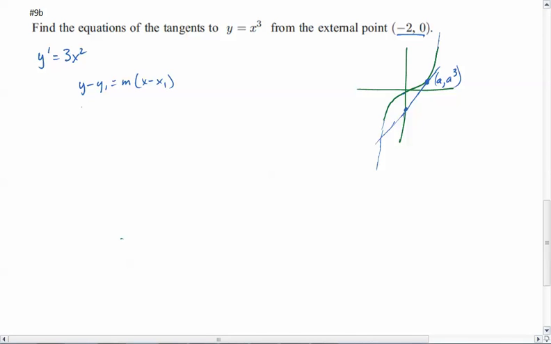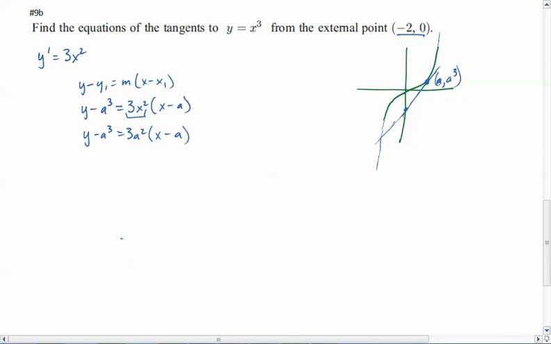So y minus, now the y value is a to the third, equals the slope, which was 3x squared, times x minus x1. Of course, I did say 3x squared, but we are finding the slope at a. And so we do want y minus a cubed equals 3a squared times x minus a.